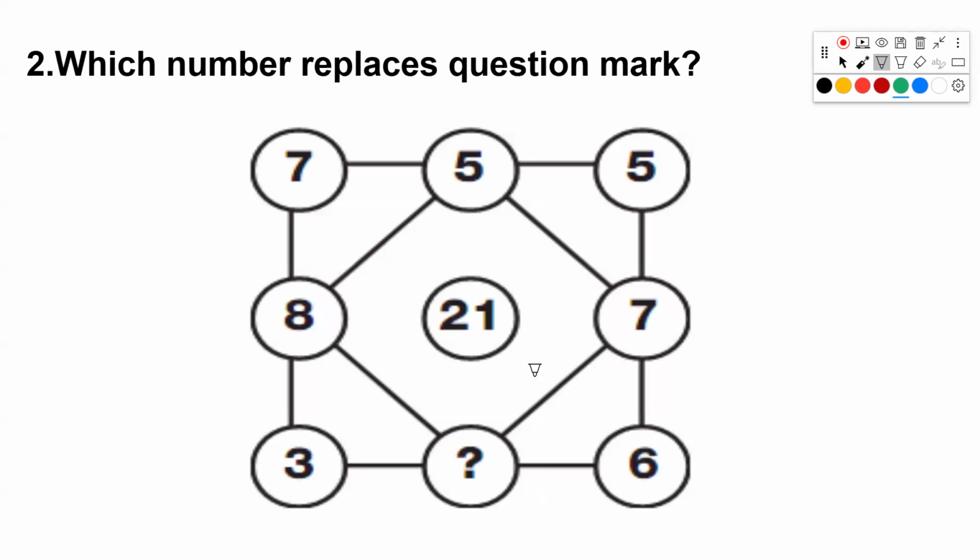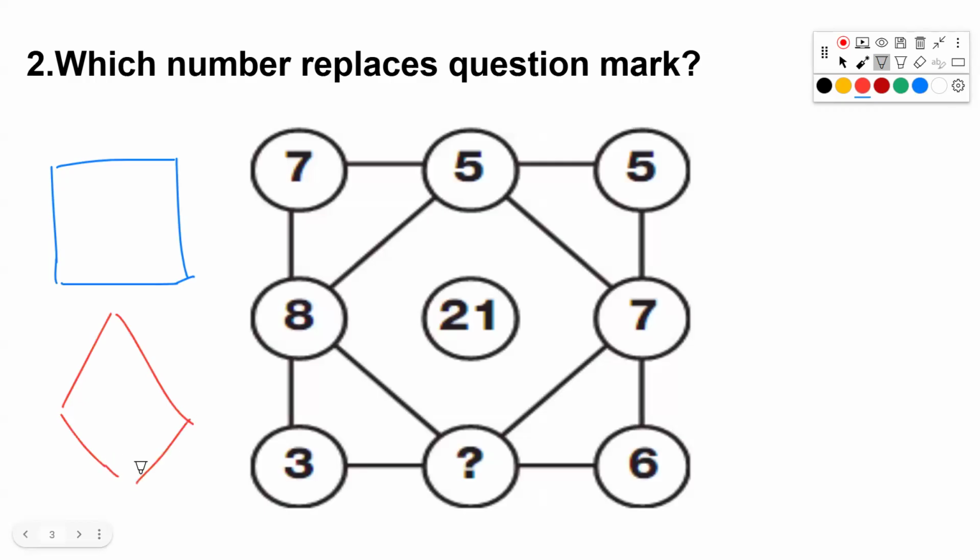Very nice to see that. Okay, so basically there are two shapes here. One is the shape of the square. The other is the shape of the rectangle.